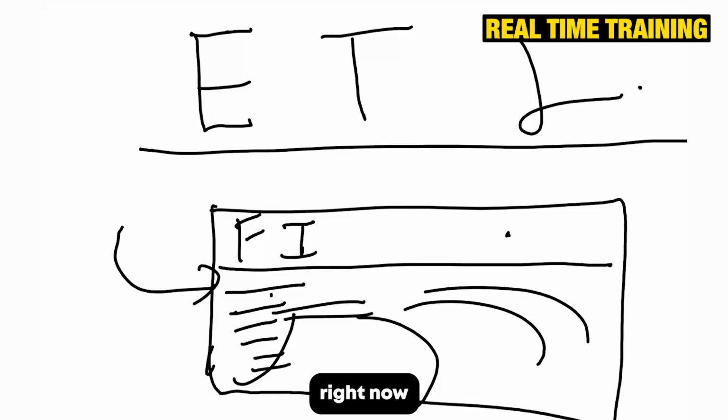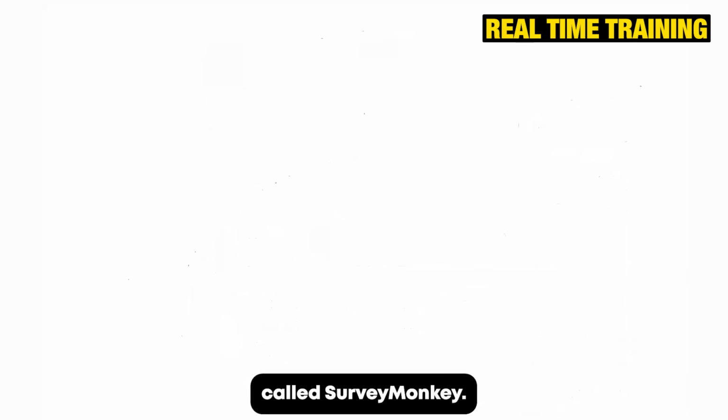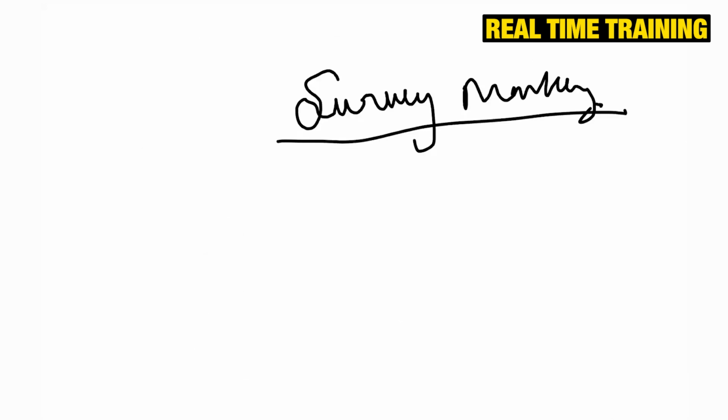Now, before this page was built, what were they doing? They did not have a factory information page, but they still had to somehow document the factory information. So they did it using something called SurveyMonkey. I'm sure you might have seen SurveyMonkey at some point.